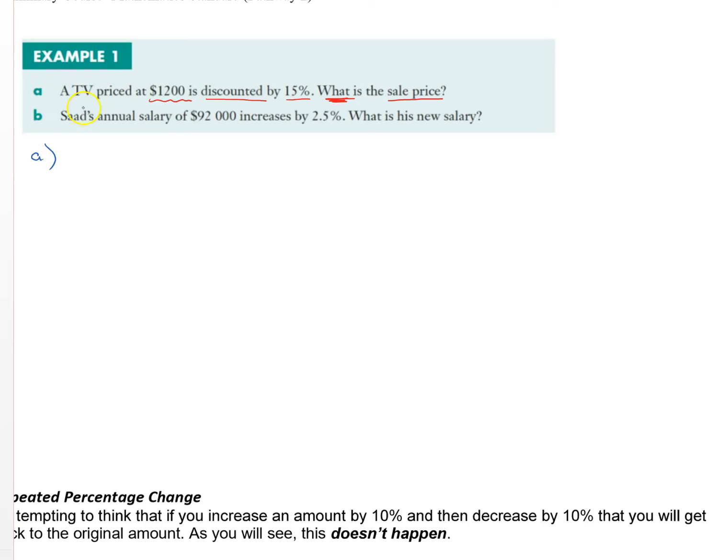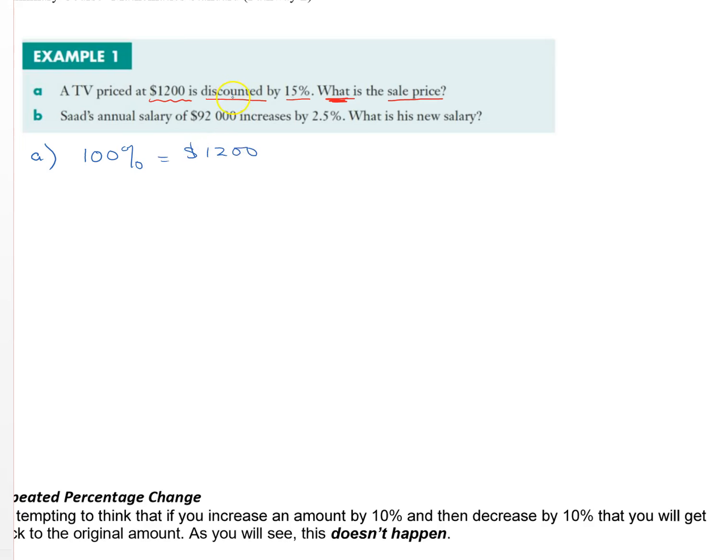Now I've only read through that once, but it's rather a short sentence. But if you need to read through it a couple of times, that's fine, I strongly encourage you to do that. So the next step then is to actually identify the things that we've underlined. So it was priced at $1,200. So it's almost like the 100% is $1,200.